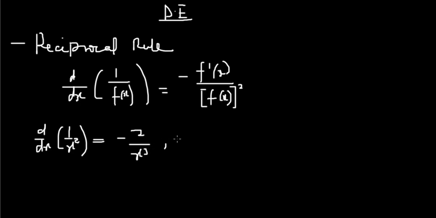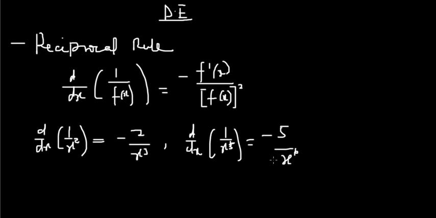Let's say another example: d/dx of 1 over x exponent 5. I might also say that the answer to this reciprocal question is minus 5 over x exponent 6. By now, if you are smart enough, you might have figured the answer, but in case you haven't, let me show you how you do this.